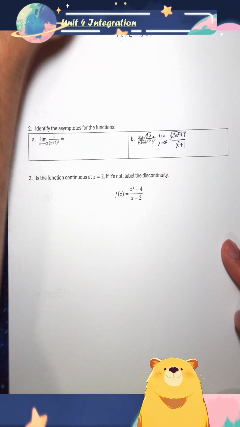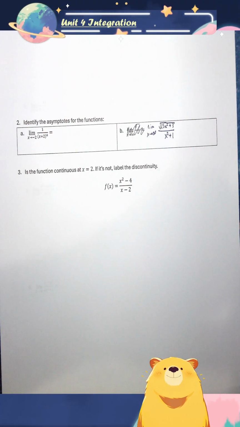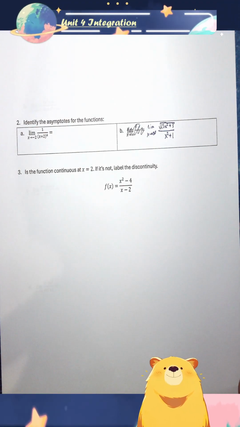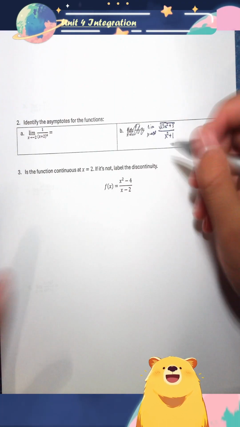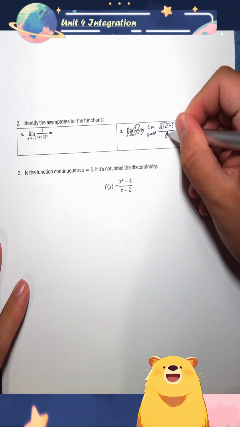Okay. Wait, is it x squared? No, no, no. It's supposed to be x. Excuse me. Okay. So just a 1.